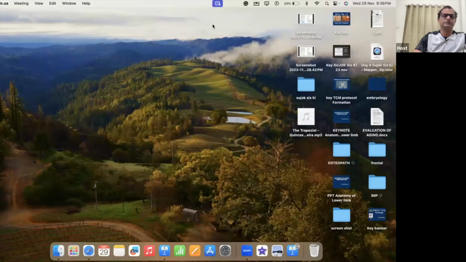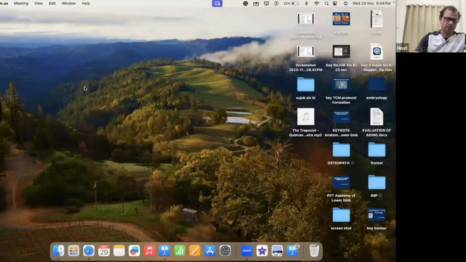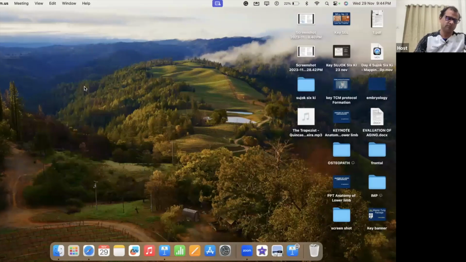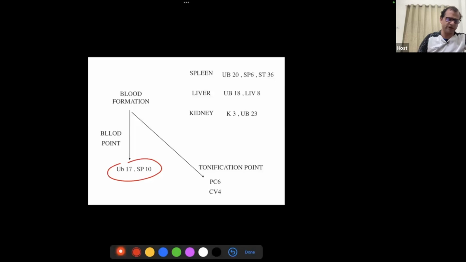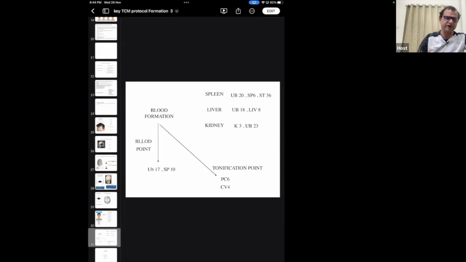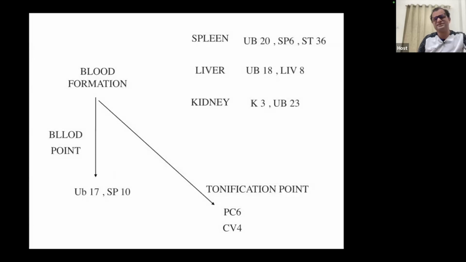So now after doing the treatment, UB17 and spleen 10, we have tonified the spleen. Now we will also treat the liver, maybe some medicine, diabetic medicine or some other medicines, or maybe not the medicine, it's your lifestyle that is disturbing the liver.